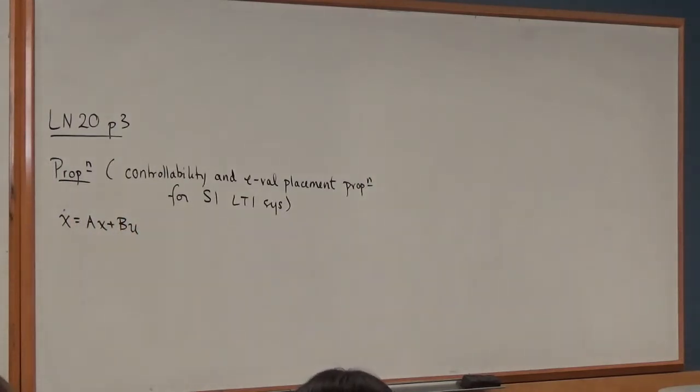Then the ability to completely control this system is related to the ability to choose a feedback gain matrix F, which multiplied by the state, so assuming that you're measuring the state and you feed that back, to place the eigenvalues of the closed loop system anywhere in the complex plane. So kind of just now generalizing the example that we've just done.